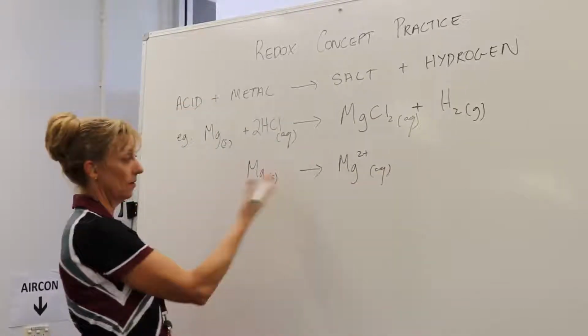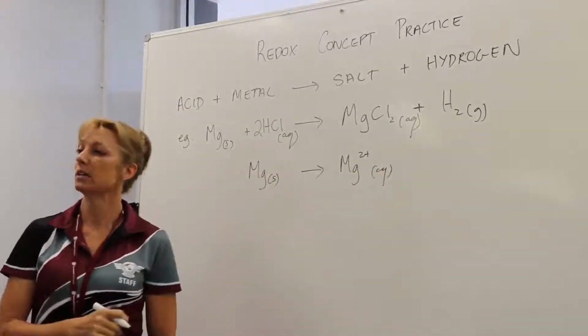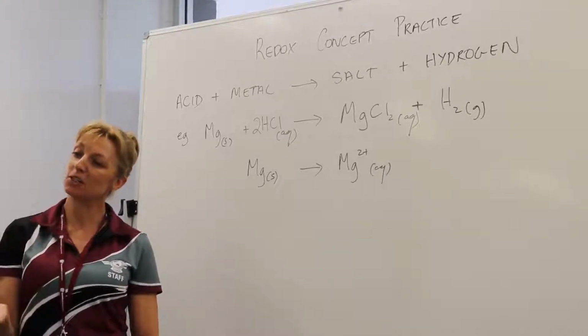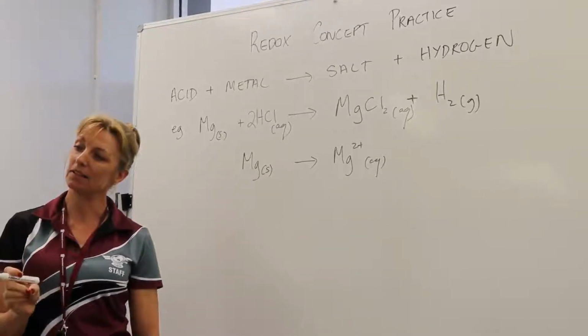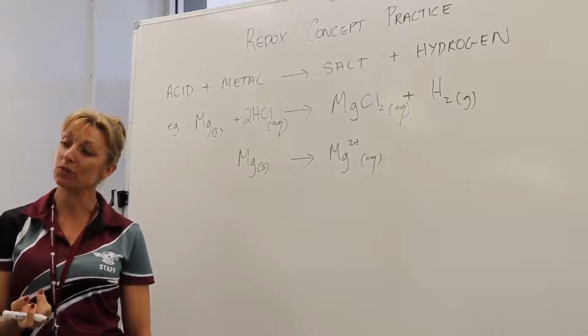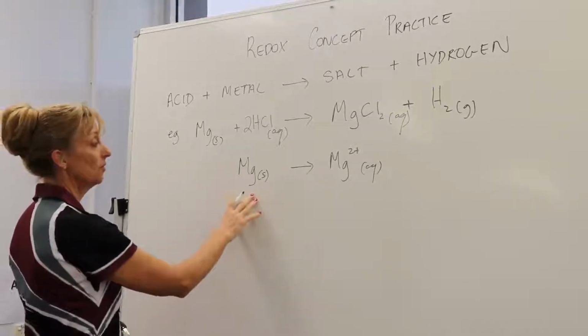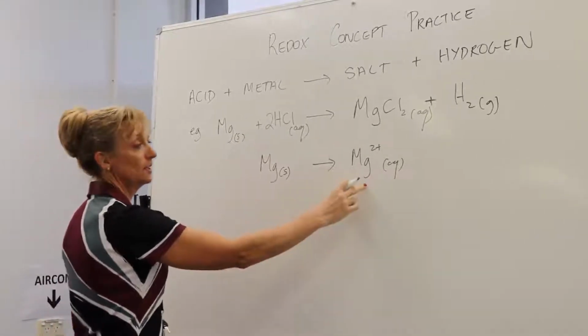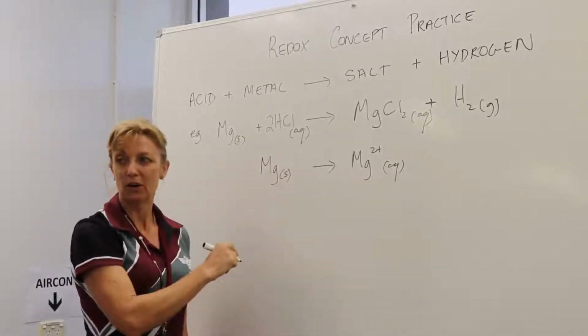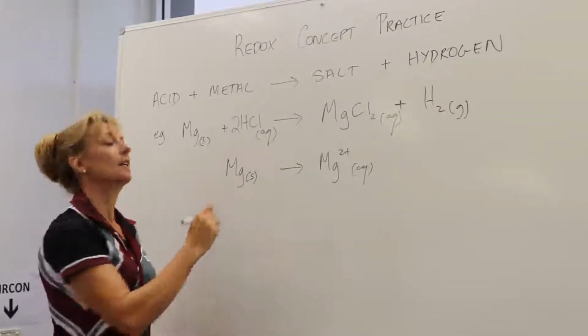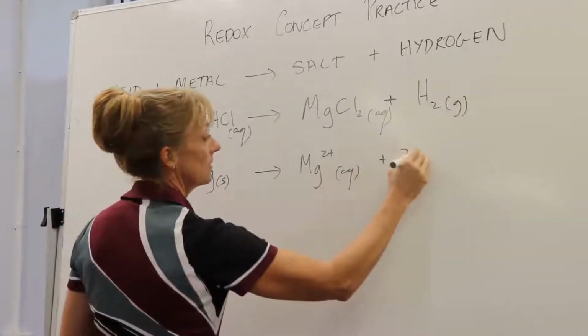Now, we need to balance the equation. We've got one magnesium on each side, but the charges aren't balanced, so we've got to add electrons to the side that makes them both the same. So this is 0, no charge. This is plus 2. What are we going to add? 2 electrons to this. Yes, 2 electrons.